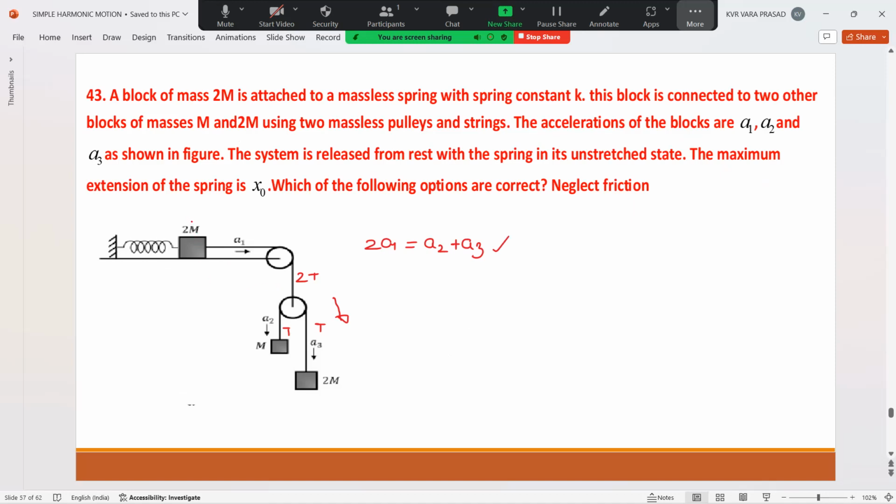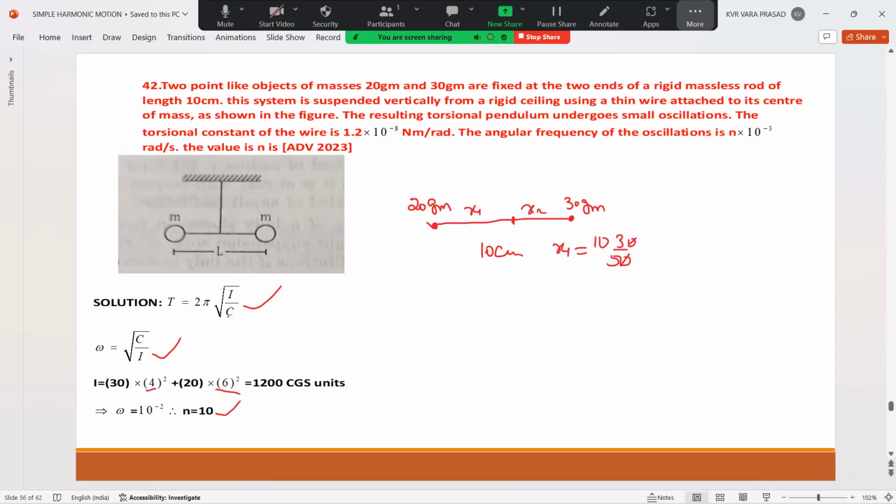Let us take the position of the block when the spring was unstretched as origin. Then the x coordinate becomes the elongation of the spring.